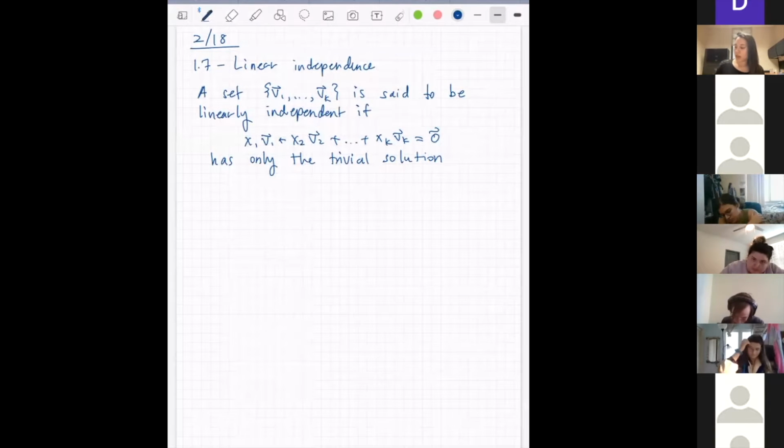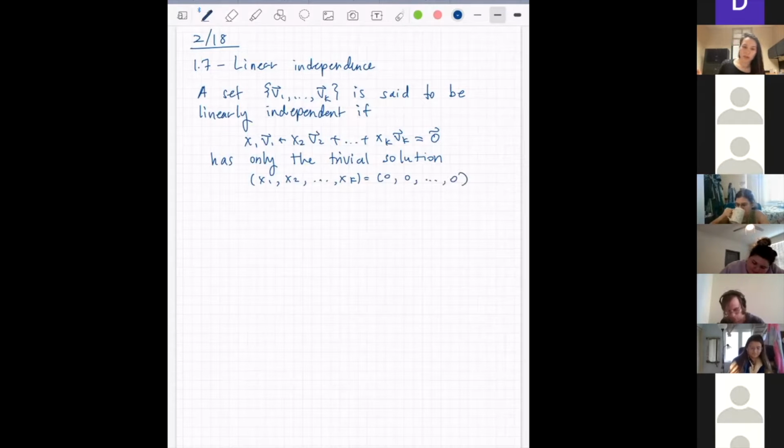Meaning that all of the x's equal 0. So each of them equals 0. This is called the trivial solution.